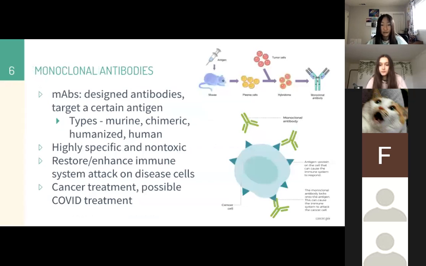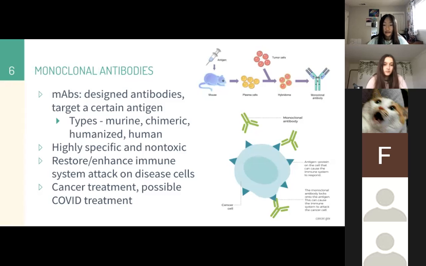So I'll be talking about monoclonal antibodies, focusing on what mAbs are. Monoclonal antibodies are basically designed antibodies that target a certain antigen. As you may know, the body's immune system attacks foreign substances by making large numbers of antibodies.